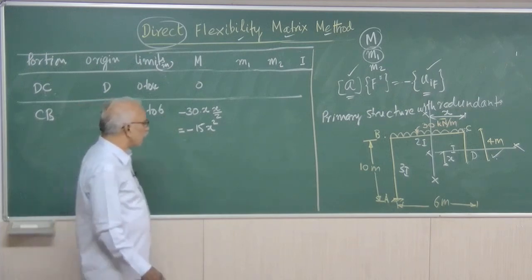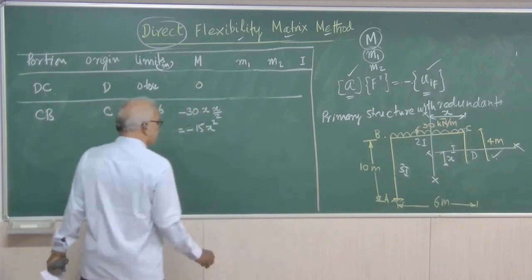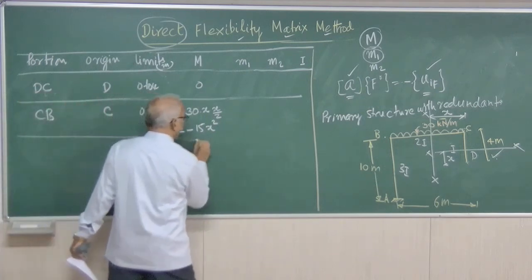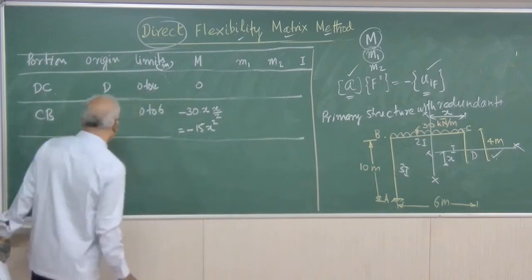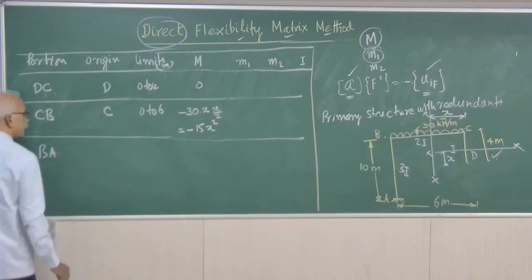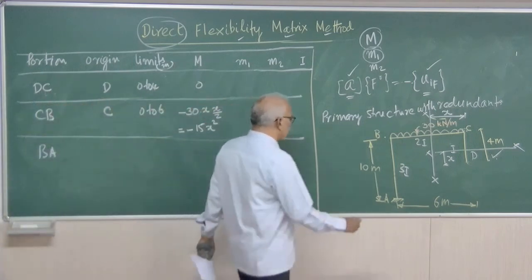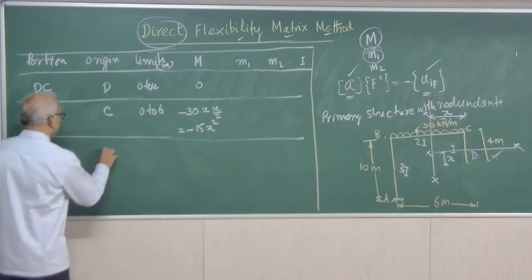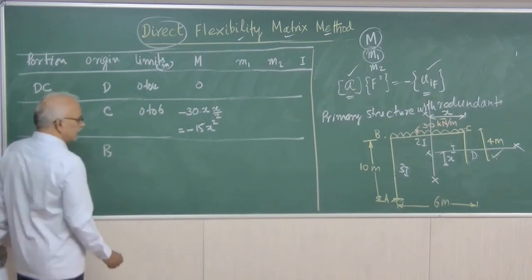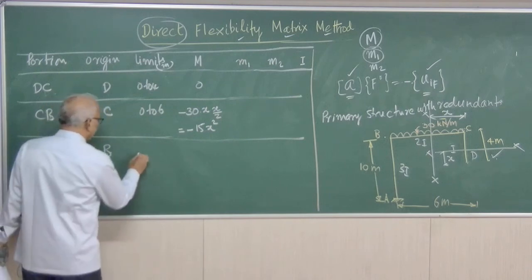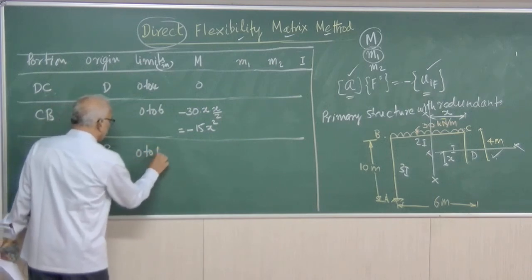Right. Now, next portion is BA. So in BA, origin is B, height is 10 meters, there is no load between B and A, therefore you can take the entire height 0 to 10 meters.